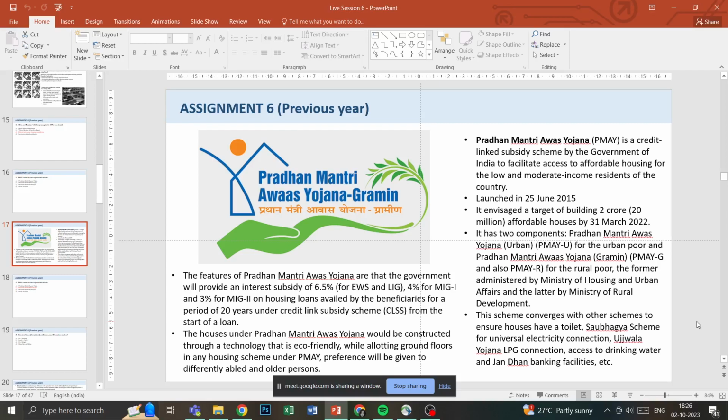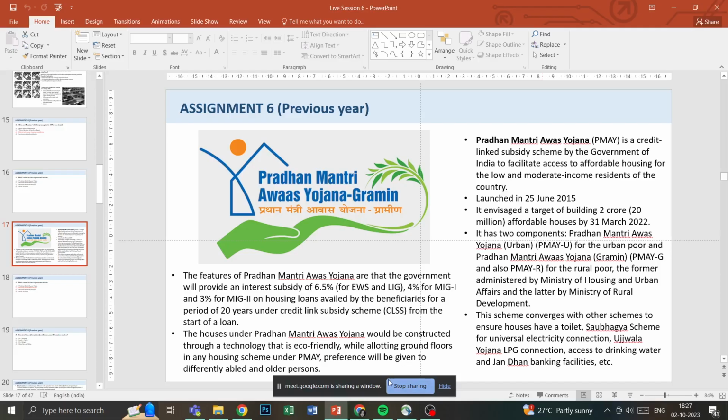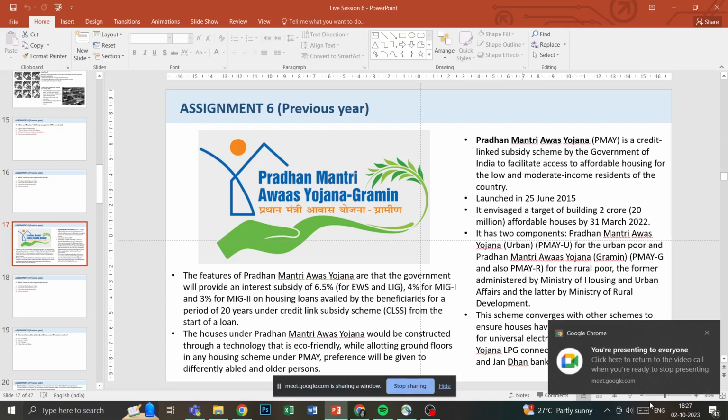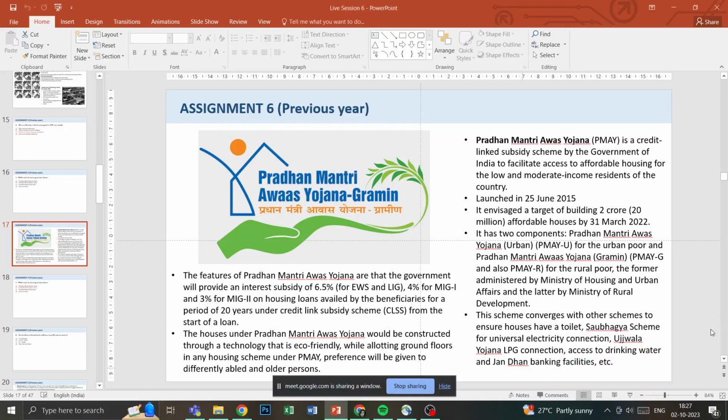It's a credit-linked subsidy scheme by the Government of India to facilitate access to affordable housing for the low-cost and moderate income residents of the country. It was launched on 25 June 2015, and it envisaged a target of building 2 crore affordable houses by 31st March 2022. I'm not sure if this goal has been achieved yet. I'll have to check on that.